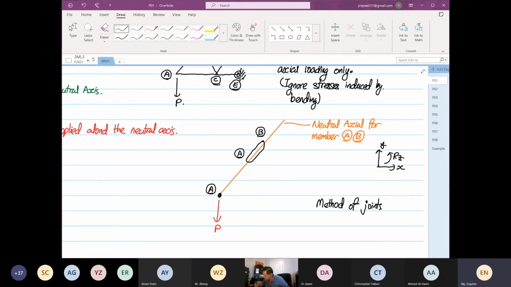AY has to go upwards, right? So this is our AY, right? So we have to prevent point A from coming down. We have to have a reaction known as AY, okay? And so to apply the load in the axial direction, okay, this is our reaction FAB.